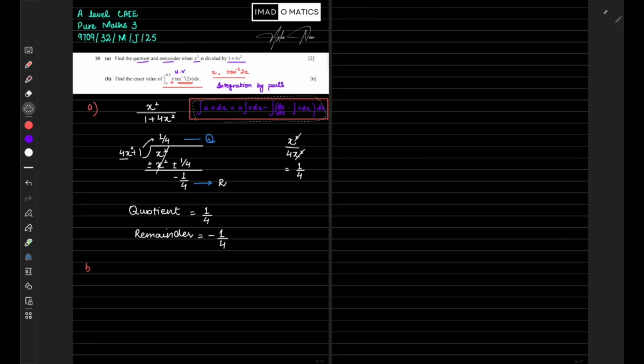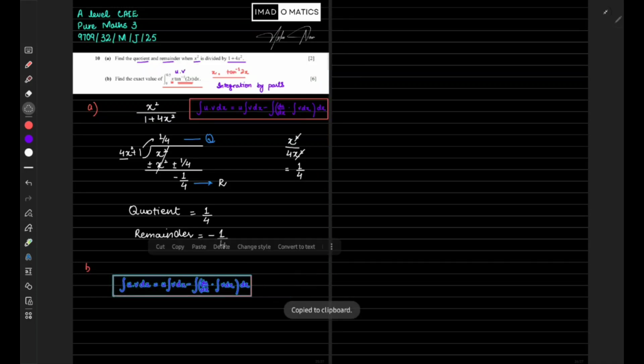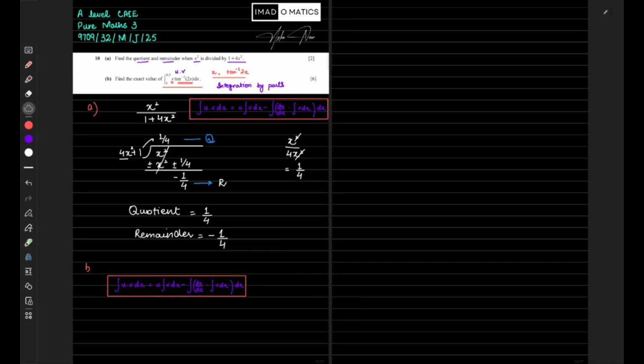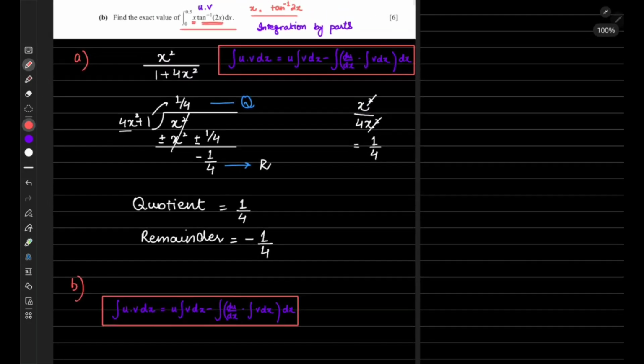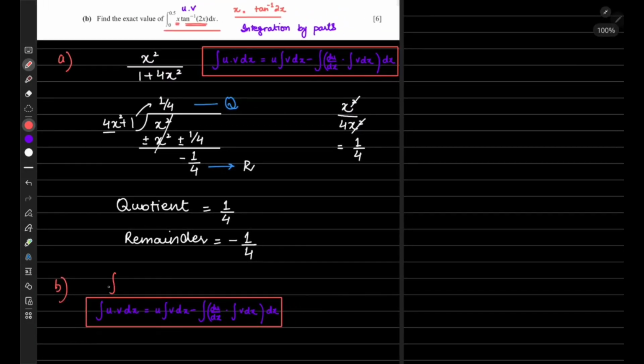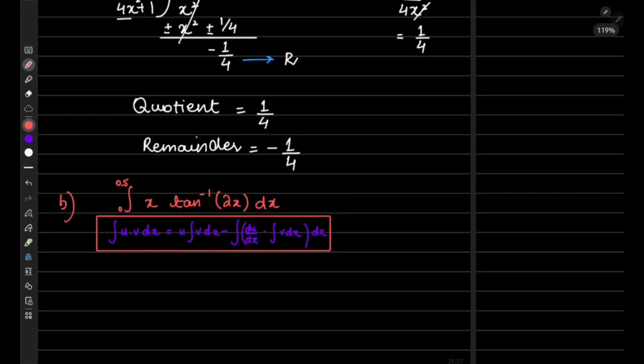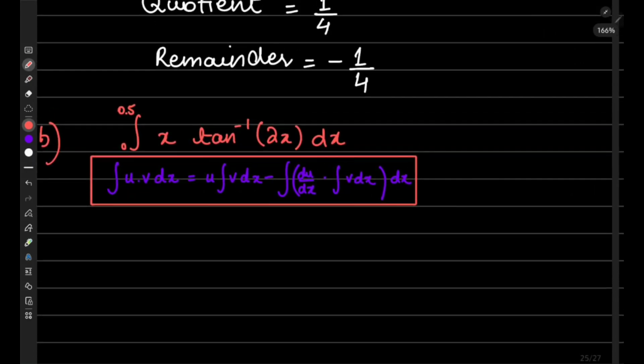Now, the important thing in this whole working is to decide what is your u and what is your v. That is the most important thing. Okay, now let me also write the integral from 0 to 0.5 of x times tan inverse of 2x dx. What we need to see is we need to differentiate your u only and we need to integrate v.